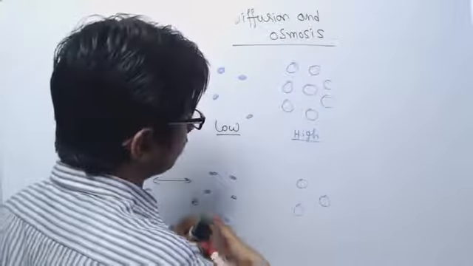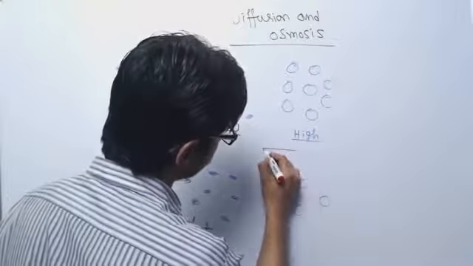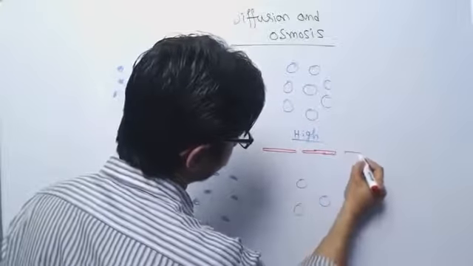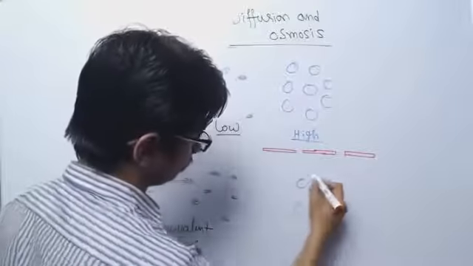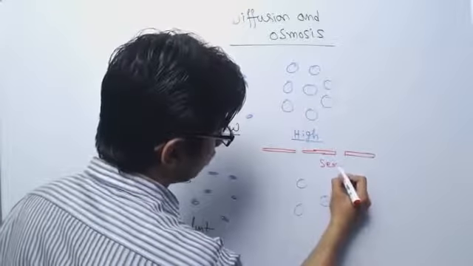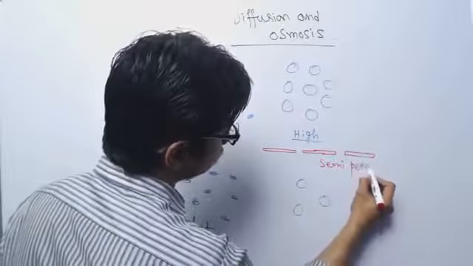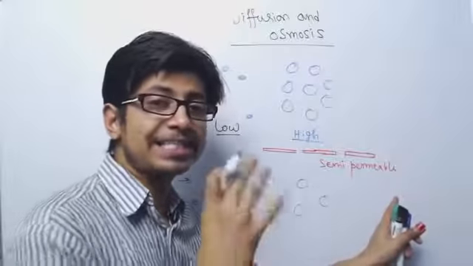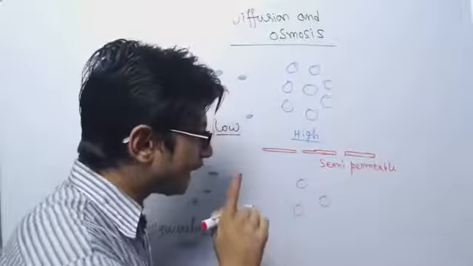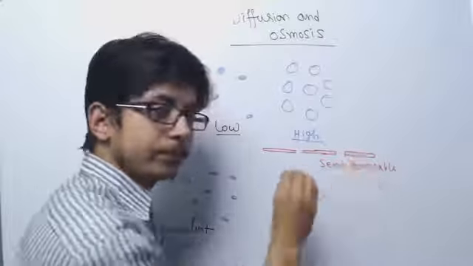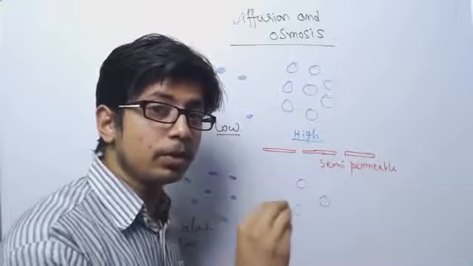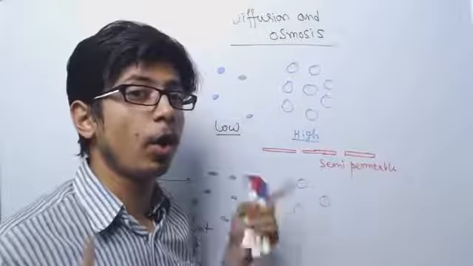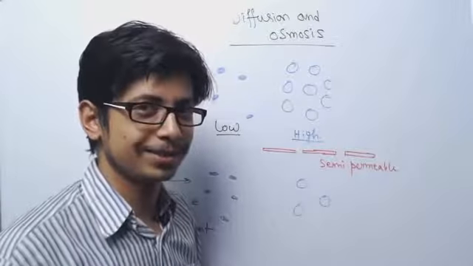So this is the semi-permeable, or selectively permeable membrane. That means this membrane will allow molecules to pass selectively. So this membrane will not allow all the molecules to pass.